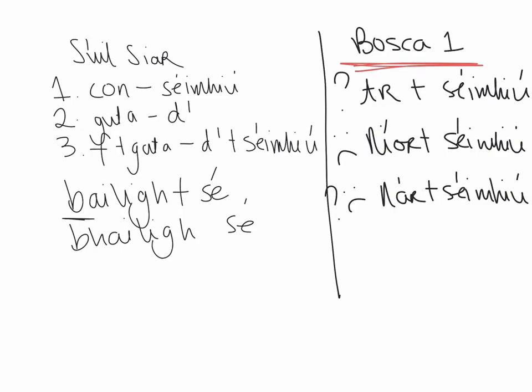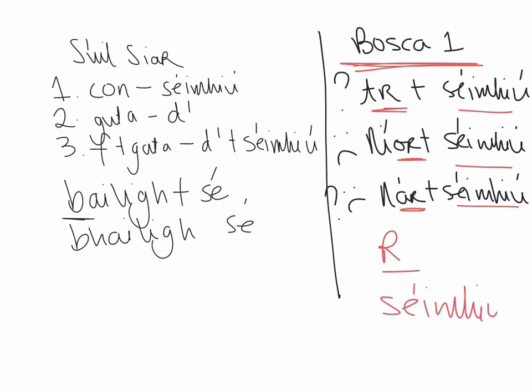You should be thinking of all the R's. So, go bhfuil, séimhiú. Agus ní mhúinimid bosca héan leis an Aimsir Chaite amháin. That box is only to do with the past tense. You only use bosca héan in the past tense. Agus sin é, and that's it.